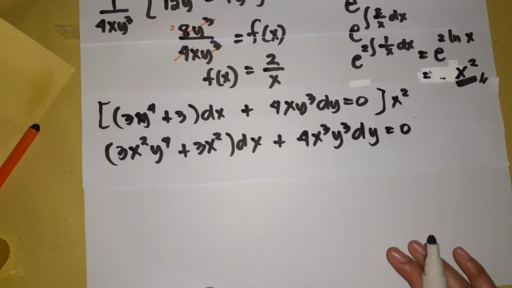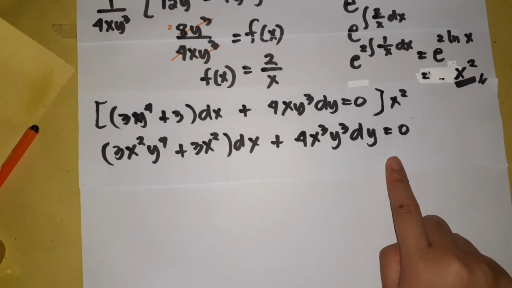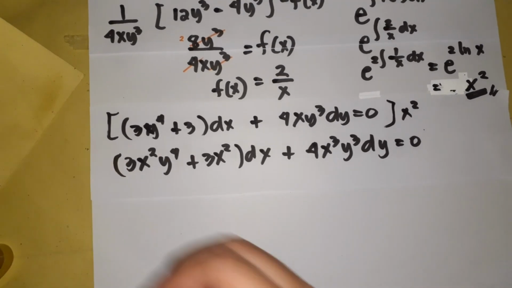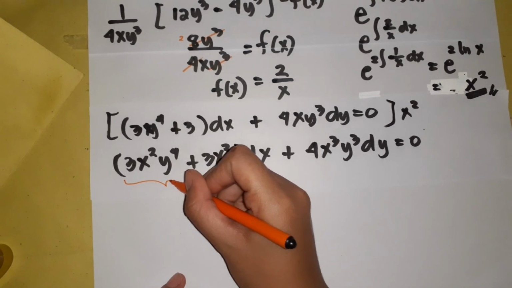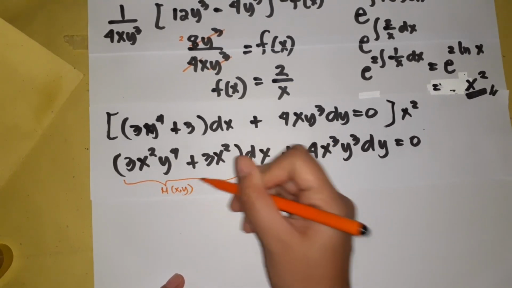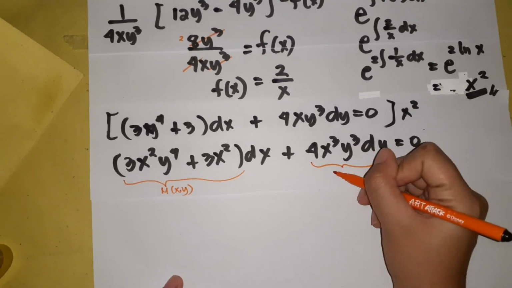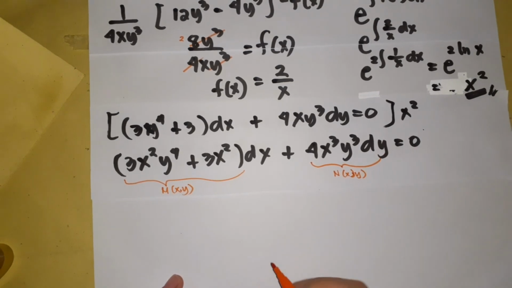And the next is we will test the exactness of our new equation. This will be our function M of x,y, and this will be our function N of x,y.